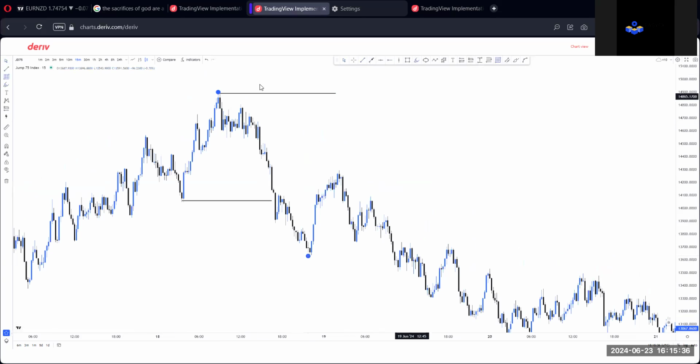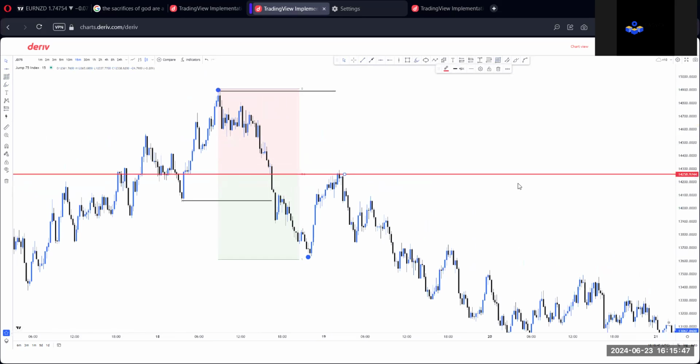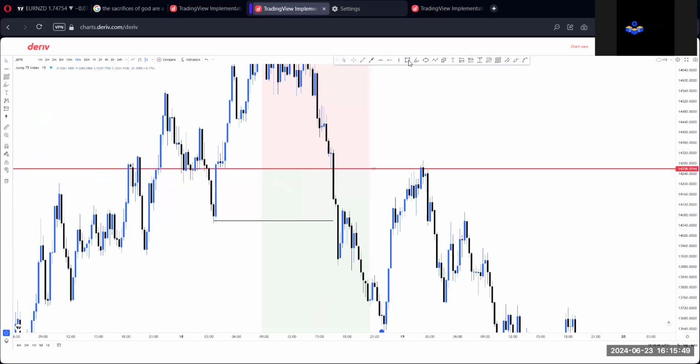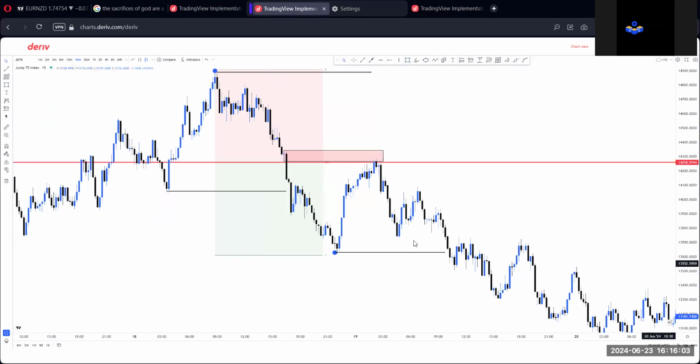So from this high to this low, you measure and allow price to come above the 0.5, the midpoint. You could see that there is a small demand zone at the immediate discounted area, and price went above that just a bit and then dropped to sweep this low as your target, your immediate target perhaps.